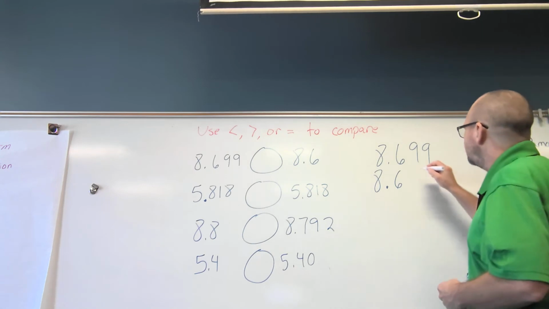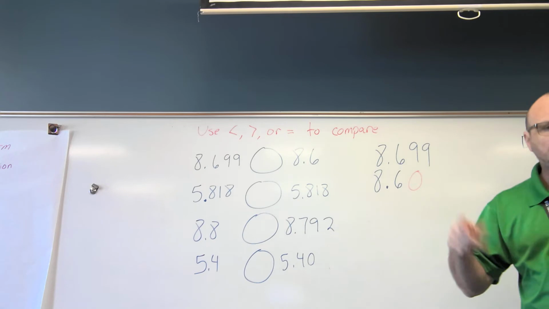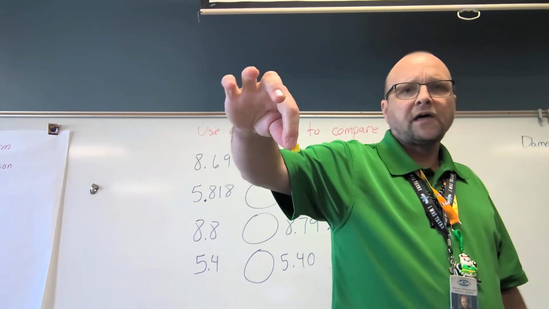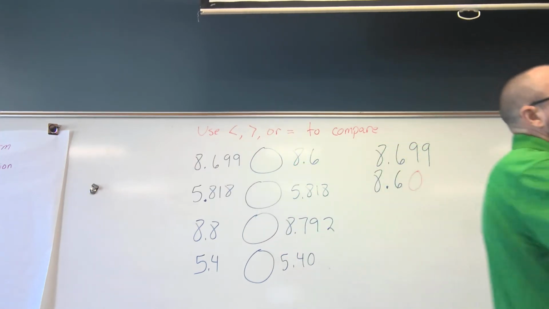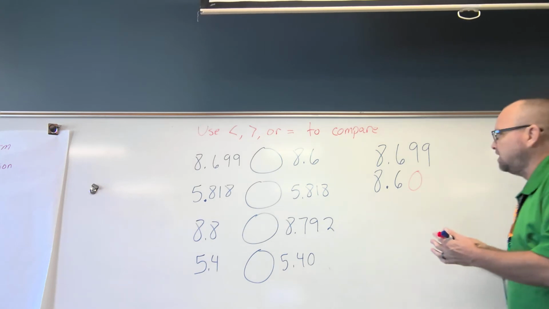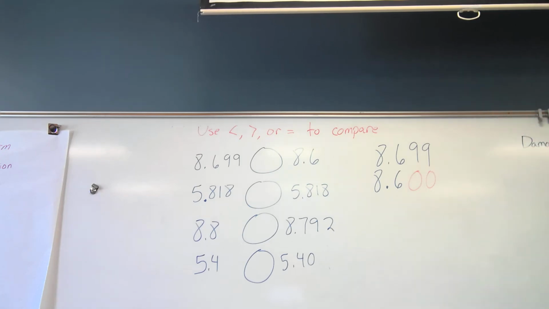No. So if I add this 0 here, that doesn't change the value. And then I'm going to give you 0 thousandths. Is that going to change what you have on your desk? No. Because I'm giving you none.